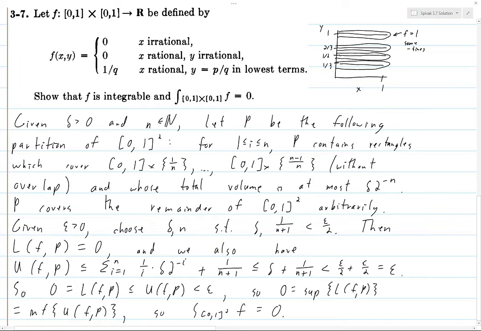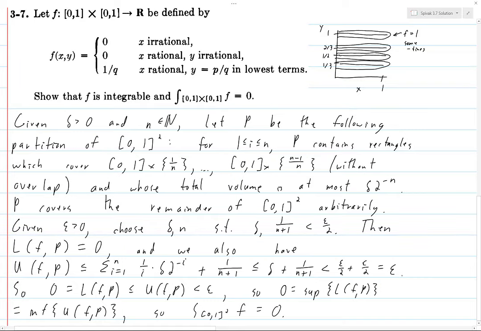And of course, the upper sum isn't going to change at all. So I think you could define f differently; in fact, you can define f to be non-zero on a larger set and still have the same result using this same exact proof.